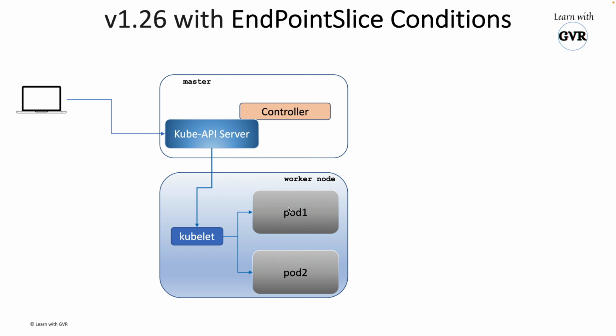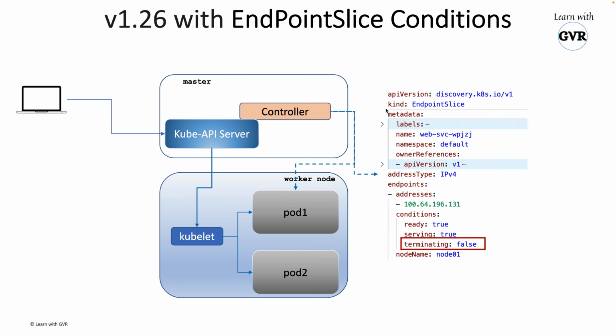At the same time, endpoint slices are created. The controller takes this specific information and updates the endpoint slice with the pod status, what the pod is currently doing. The pod is running fine, so terminating equals false, ready equals true, and yes, traffic is being served.